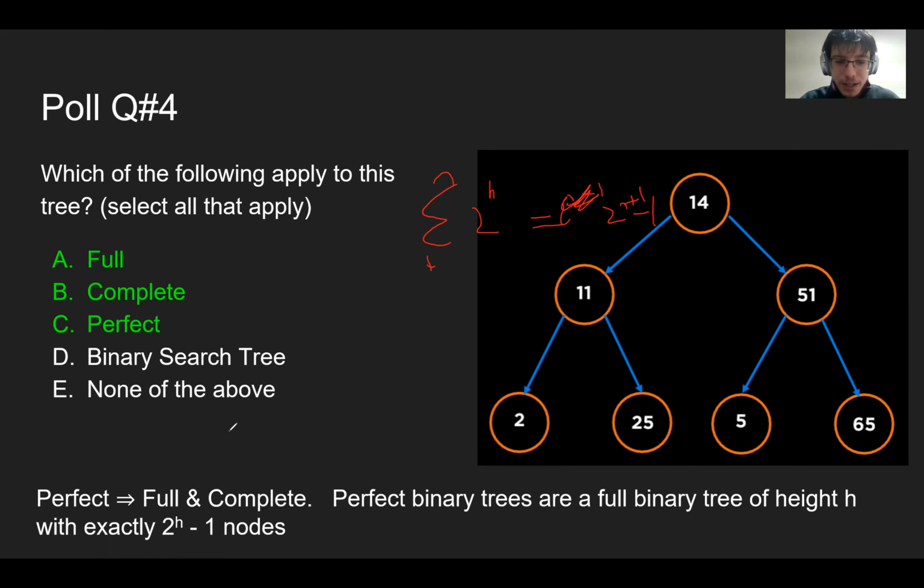You may remember that identity. And in this case, our height happens to be 3. So we're going to have 2 to the 3 minus 1, which is 7.